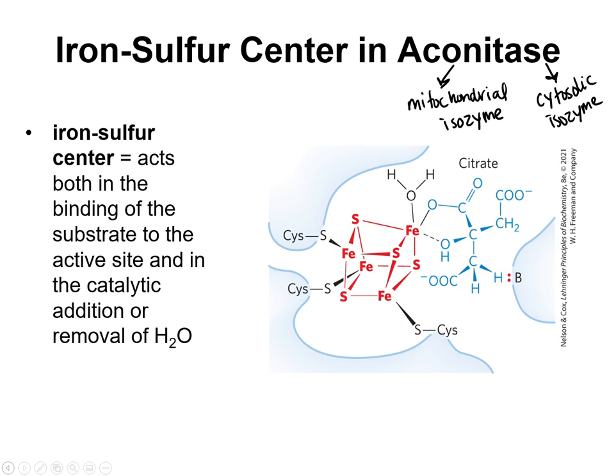So it can function as an indicator of low iron levels. So if you have low iron, then aconitase is going to lose its iron-sulfur center. And this is the cytosolic one we're talking about.